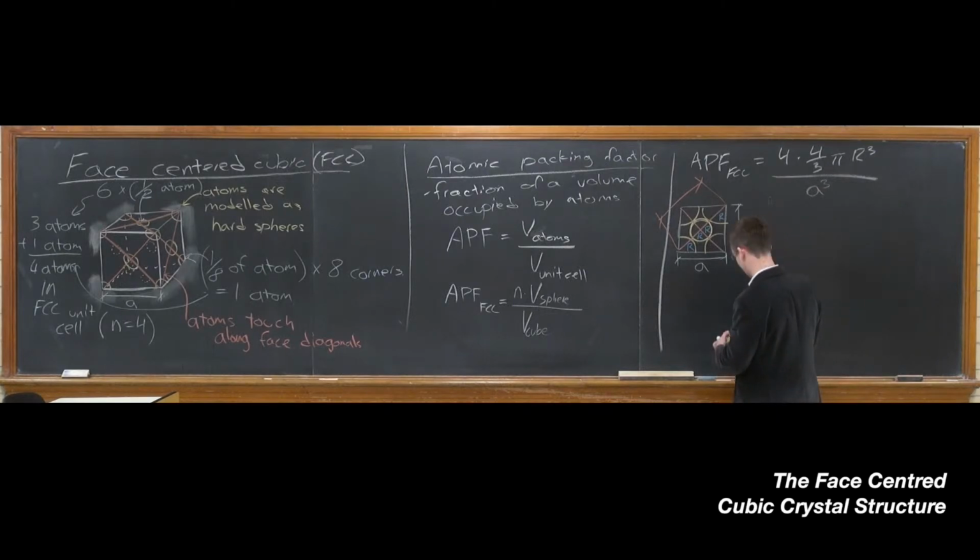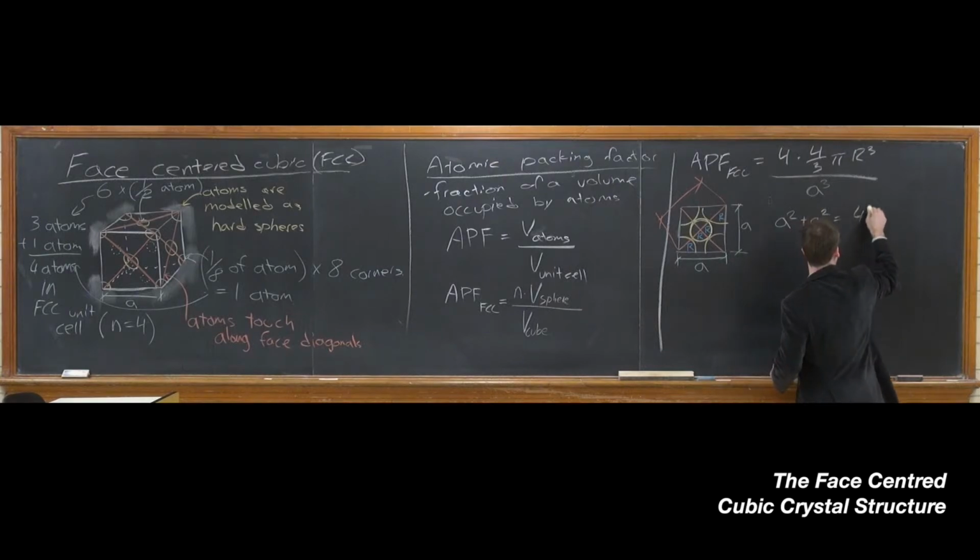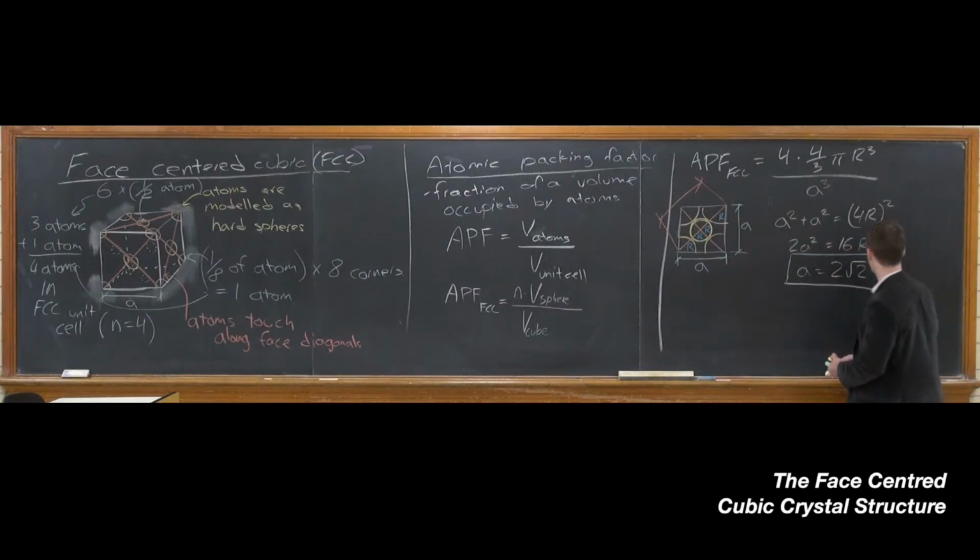So we could use Pythagoras here to work out a relationship between A and R. So A squared plus A squared equals 4R all squared, or 2A squared equals 16R squared, or A equals 2 root 2R.